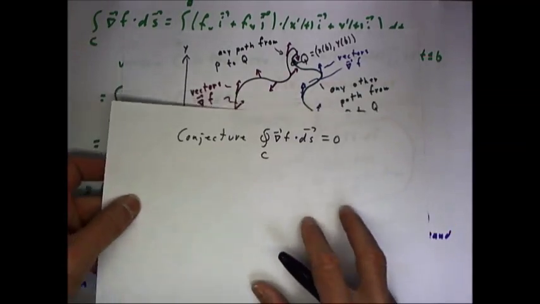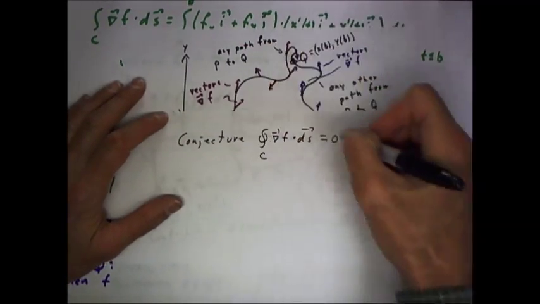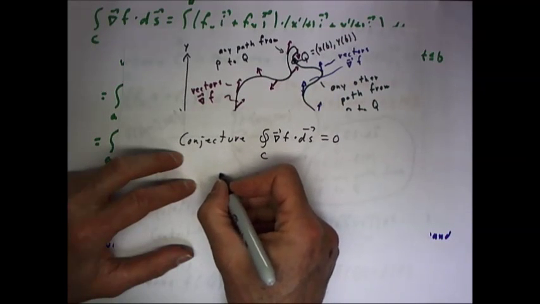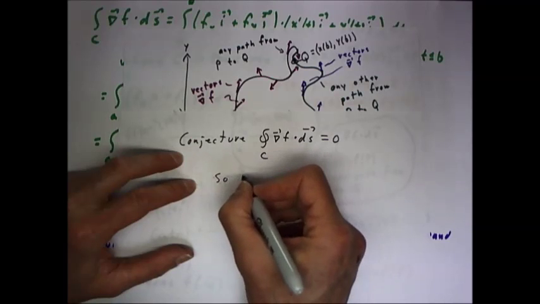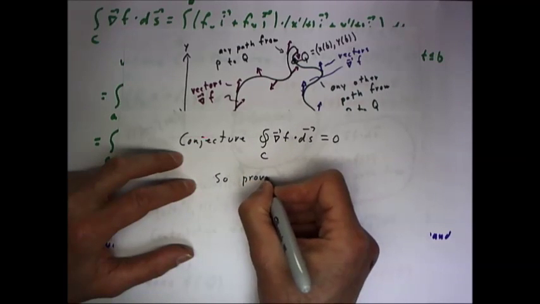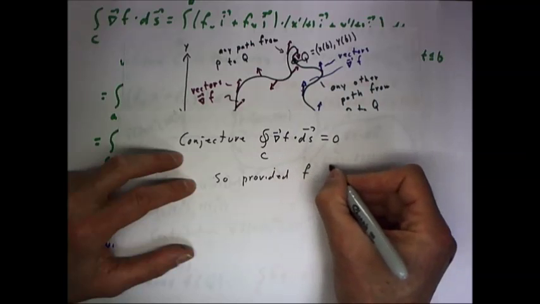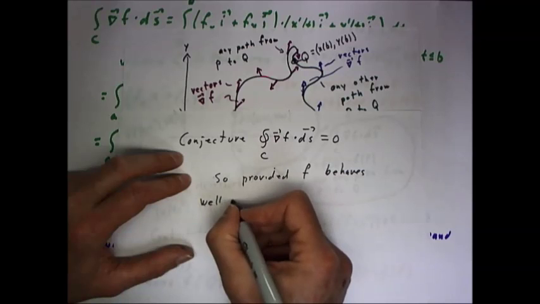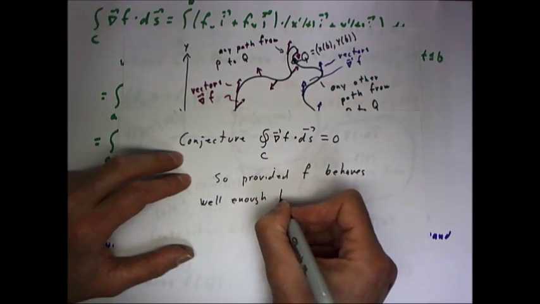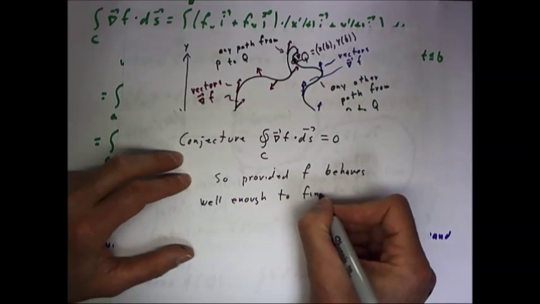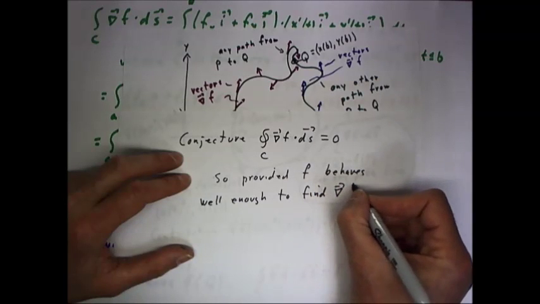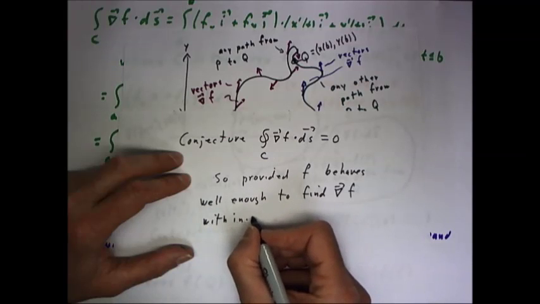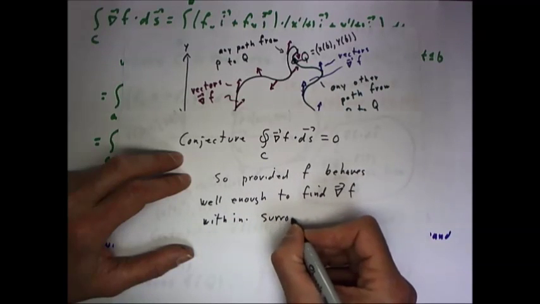Now that depends on the gradient of f being defined everywhere within a certain region, but this is so provided f behaves well enough to find a good del f within some surrounding region.